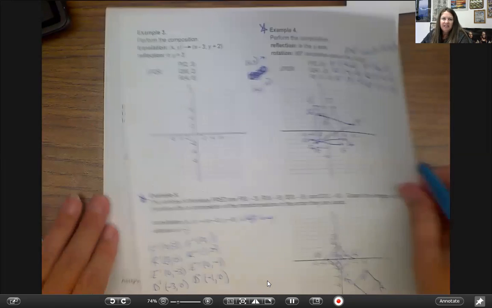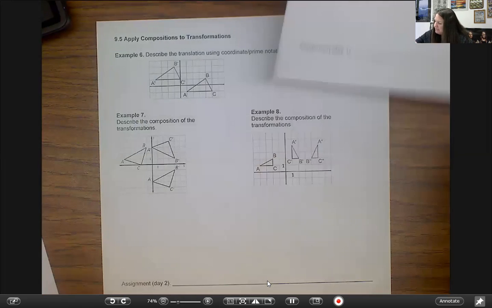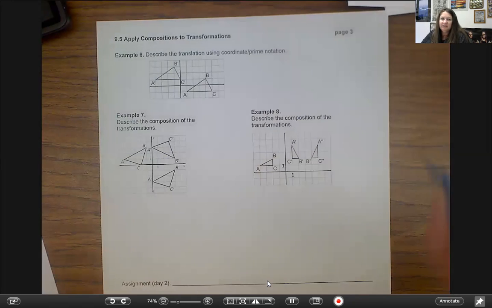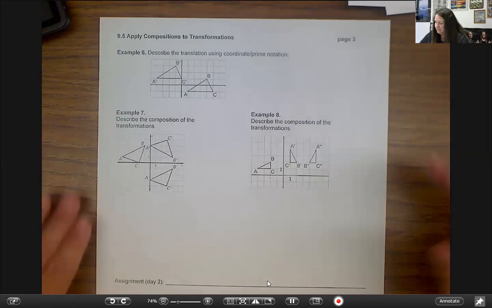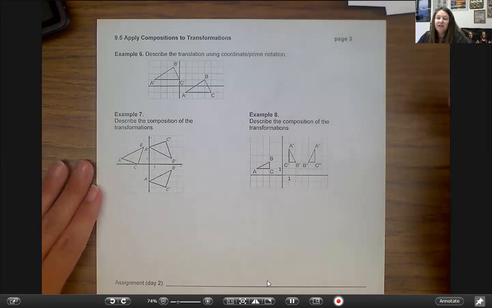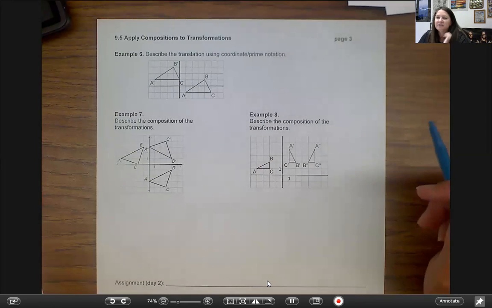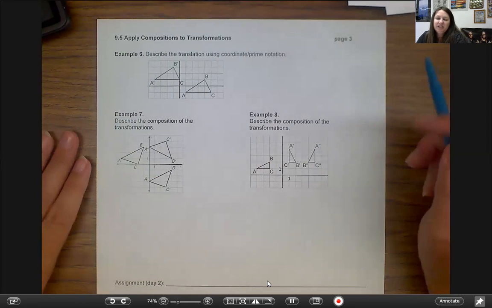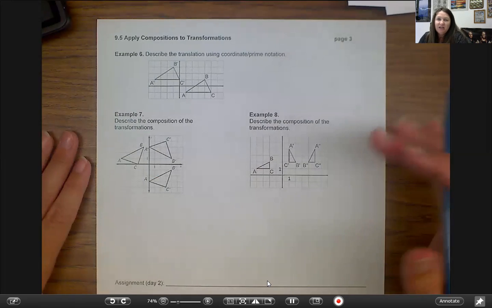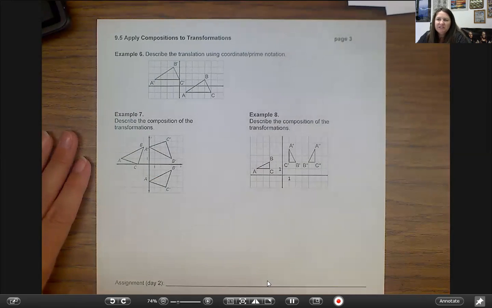All right, and then in the second part of this assignment, we're going to do it in reverse. We're now going to look at a picture of the graph, and we're going to identify what type of transformations were occurring.